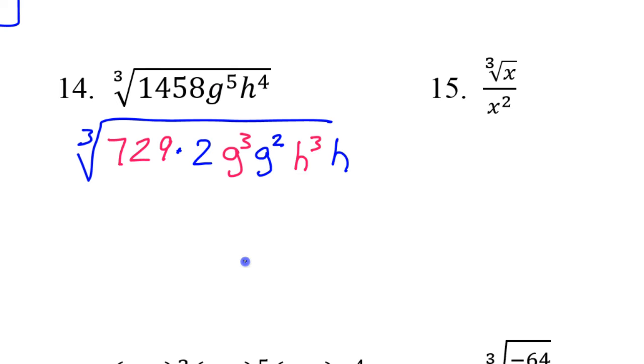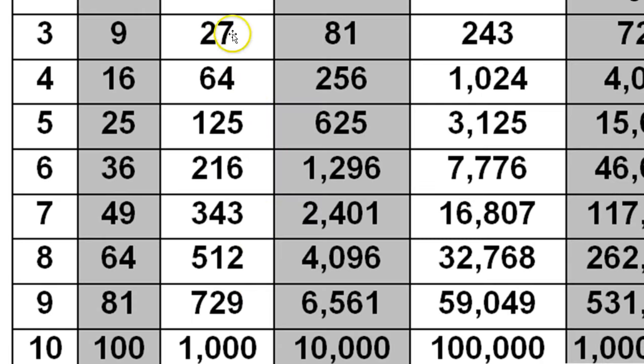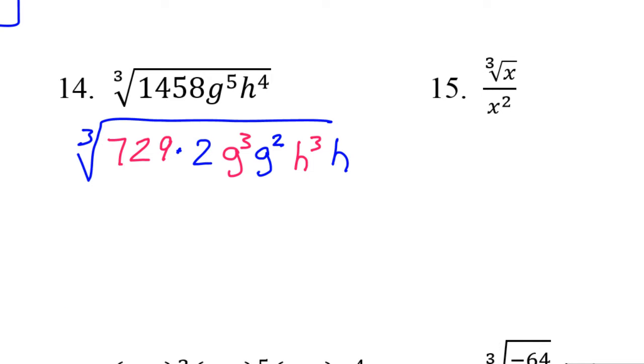Okay, any questions so far? How I've prepared the problem? Everything in pink can now be simplified and brought to the outside of the radical. So what is the cube root of 729? Let's see. The cube root of 729 is 9. Okay, so that's going to make 9.